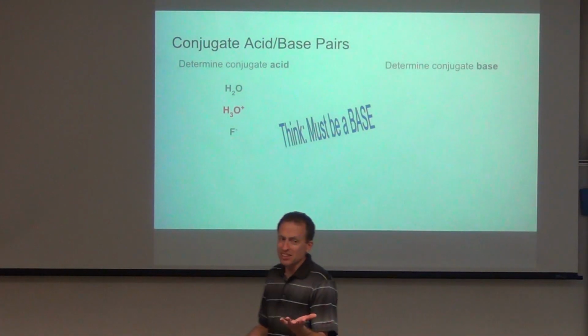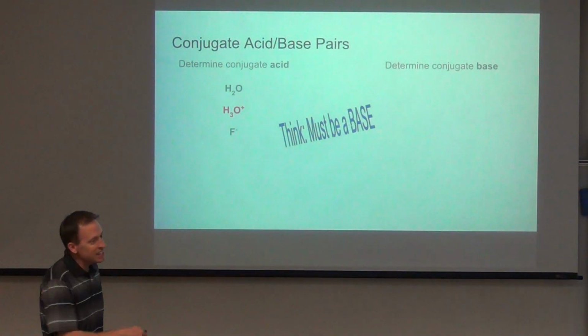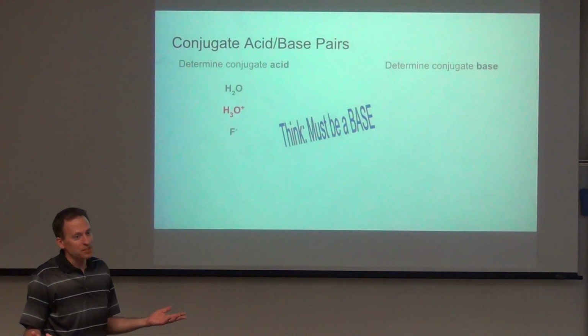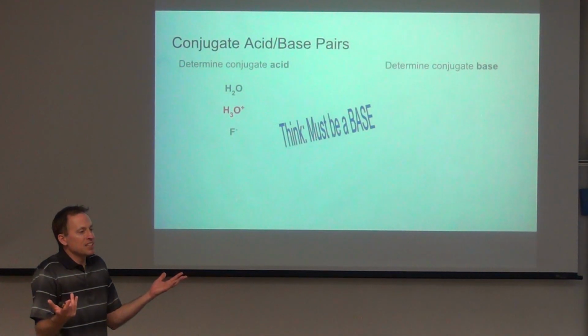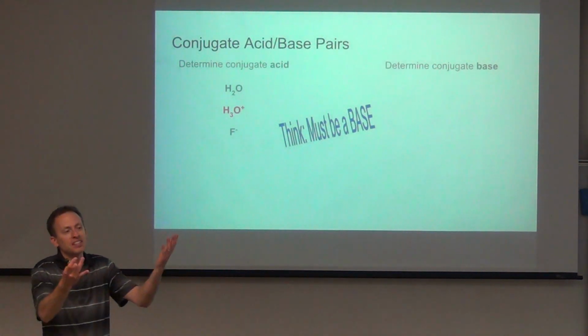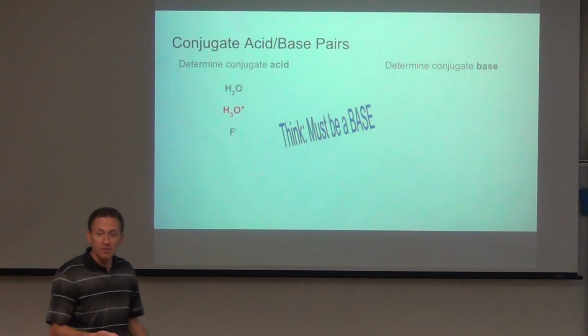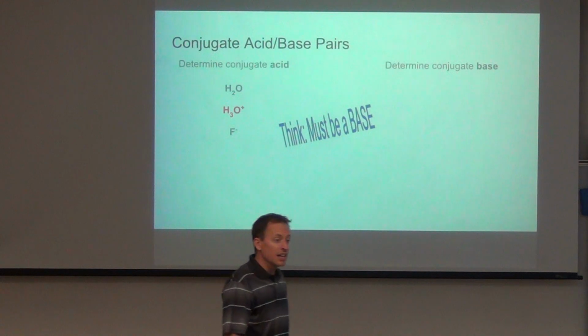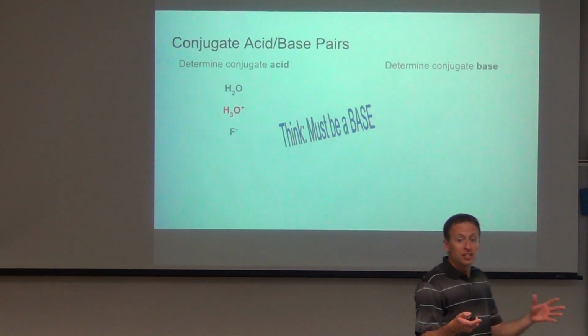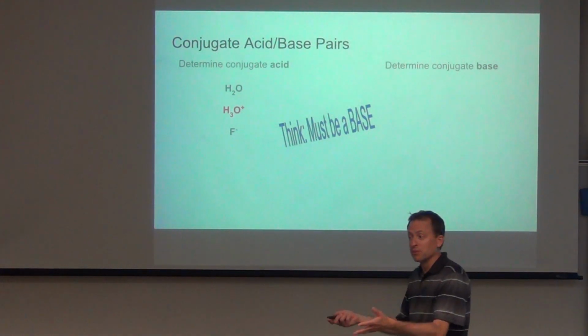First off, here's a little hint. On this one, I can't give away an H if I don't have one, right? If you're like, oh, it's an acid, how does it give away an H if it doesn't have one? So this has to gain an H, right? So if it gains an H, now the formula is HF, any charge? No, because plus 1 and -1 would be 0.